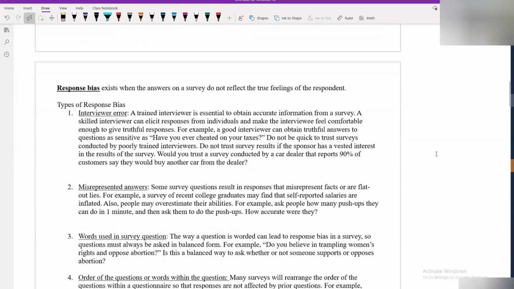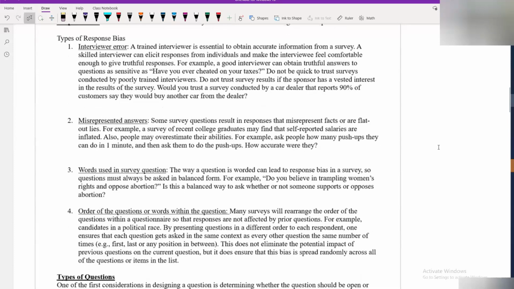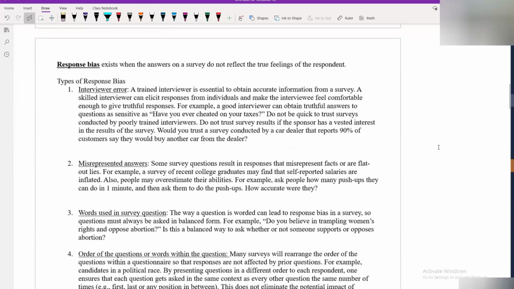Now, next page is response bias. It exists when the answers on a survey do not reflect the true feelings of the respondent. Here we have a type of response bias.